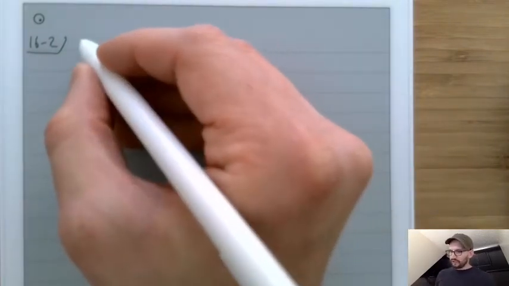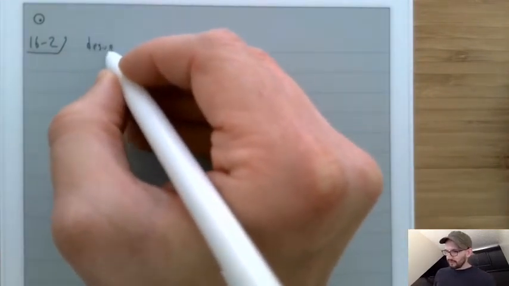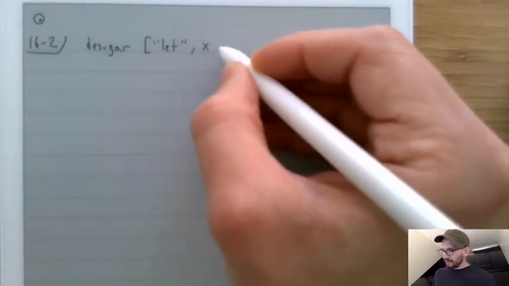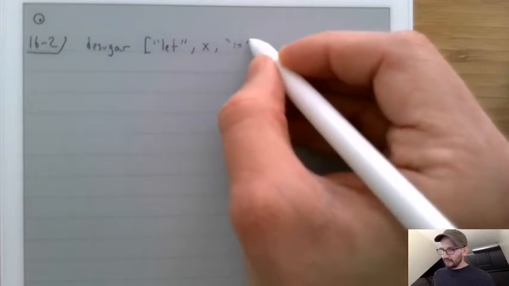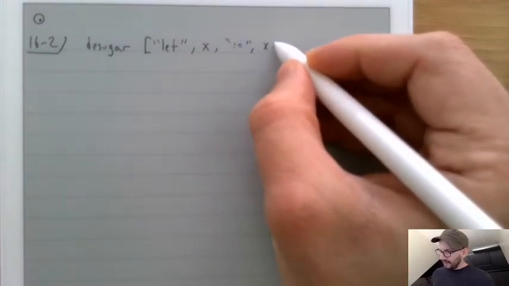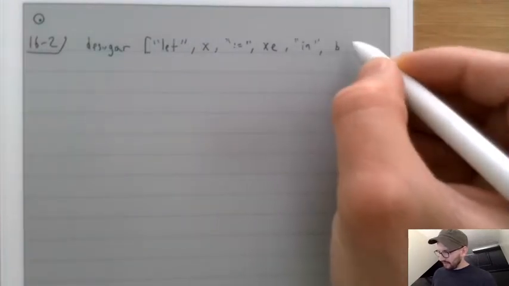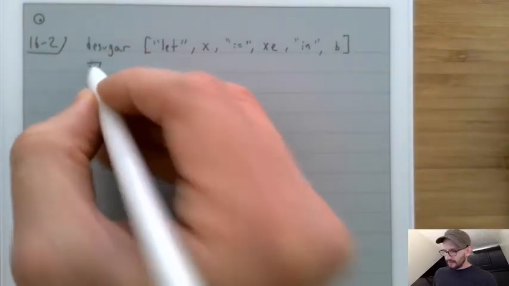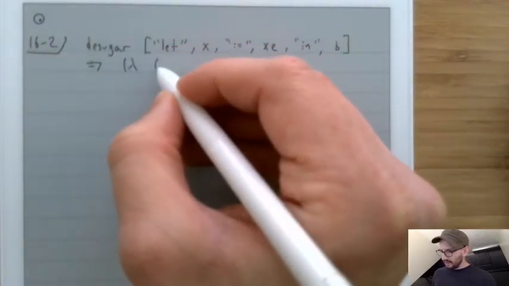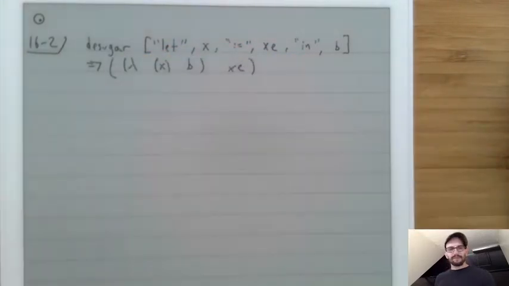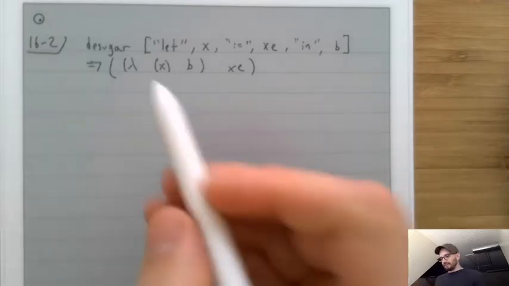We have this rule in our desugarer that says desugar: if you have a let, and you have some variable name x, e, equal, and then some expression b, we want that to go to a lambda with x, b, and we're going to call that with e. Okay, so that rule inside of our desugarer is a very valuable rule because it gives us lets. We would have to otherwise write this thing ourselves.